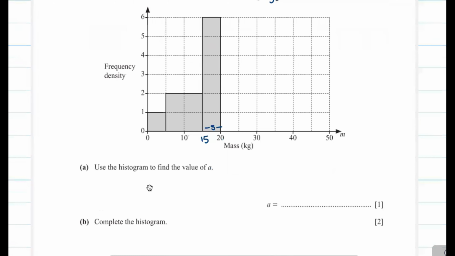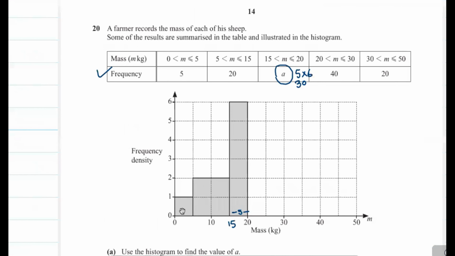Next is to complete the histogram. To complete the histogram, firstly we find the frequency density for these intervals. The frequency density formula is frequency divided by class width. You have to draw the blocks from 20 to 30 and 30 to 50. The class width between 20 and 30 is 10.